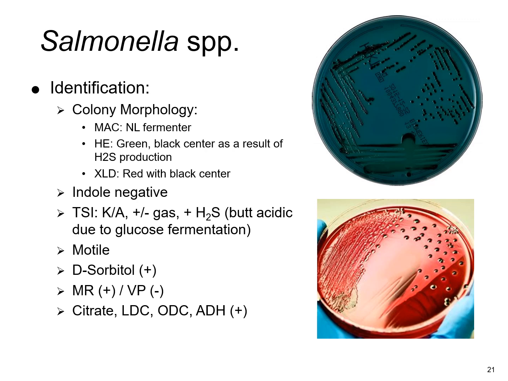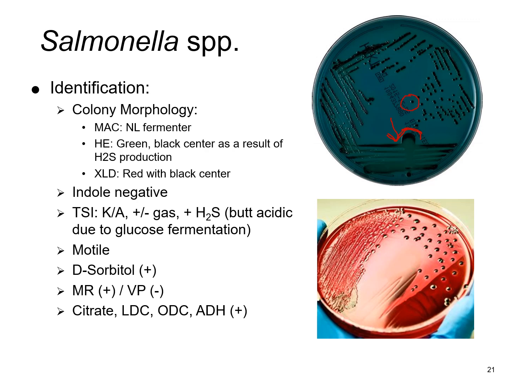With the HE agar, this organism will present with a green tight colony, but it will also have a black center to that colony, and that black center would actually be the production of H2S. So you can see this organism on the HE plate, where it's got that little blackness to that colony.